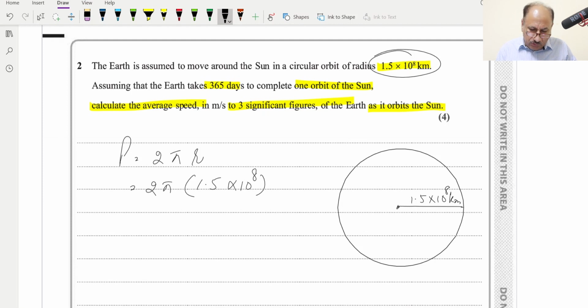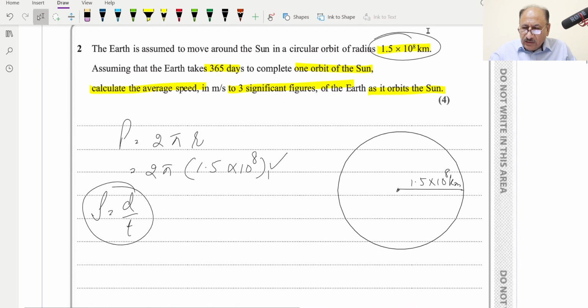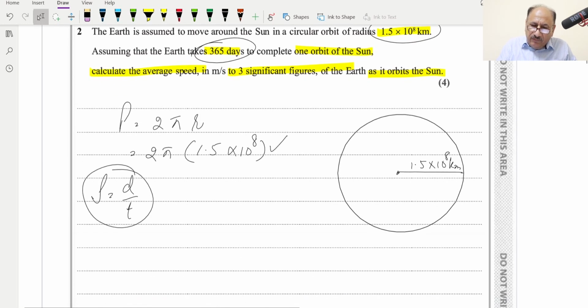And we know speed is equal to distance over time. So distance is this perimeter, and time is 365 days. We will be changing 365 days into seconds because we require the answer in meters per second. So we can write this one.